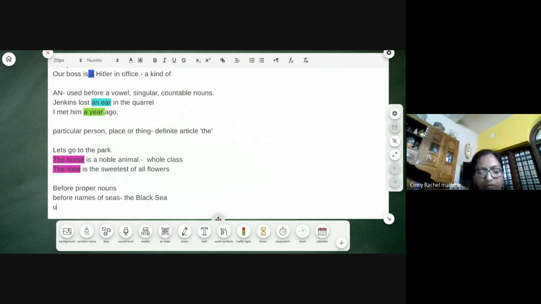It is used before rivers, you know. You can say the Ganges, meaning the Ganga. You've heard about it, right?